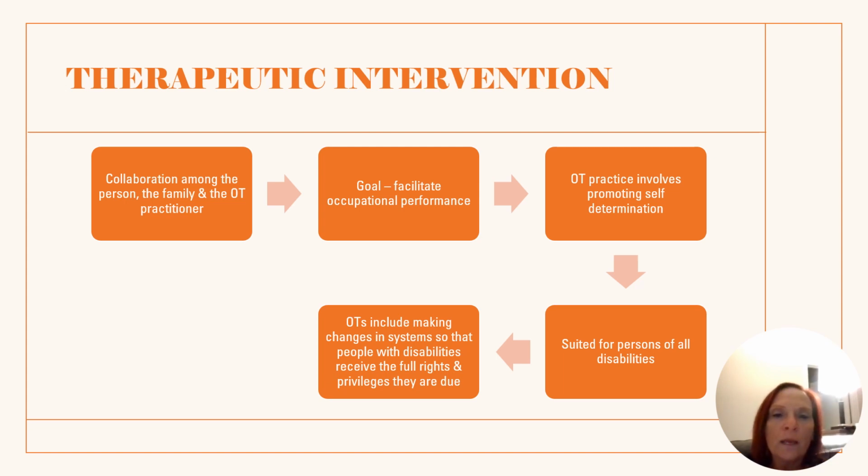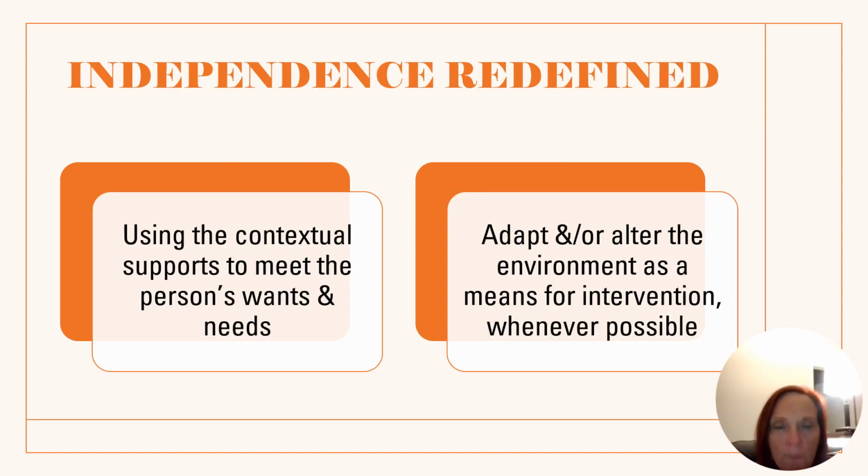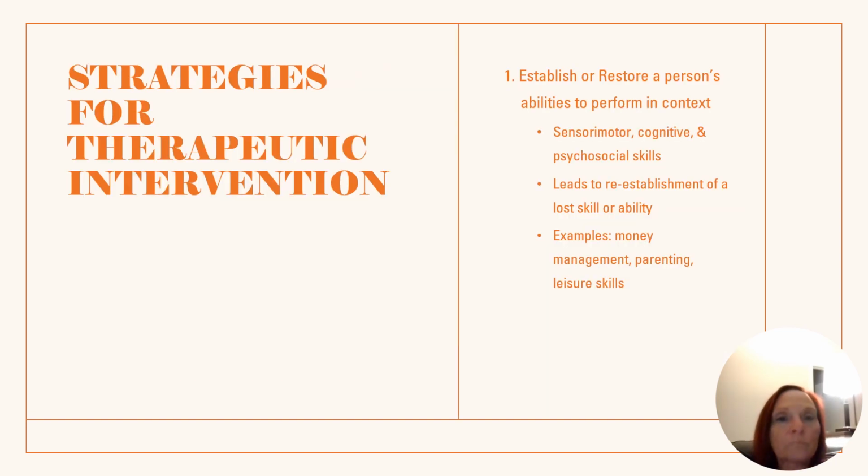OTs include making changes in systems so that people with disabilities receive the full rights and privileges. So as we are making changes for this person, we're looking at where they may need occupational justice. We're trying to make sure that they have every right to the occupations and roles that they want and deserve. So using the contextual supports to meet the person's wants and needs, and we adapt and or alter the environment as a means for intervention whenever possible.